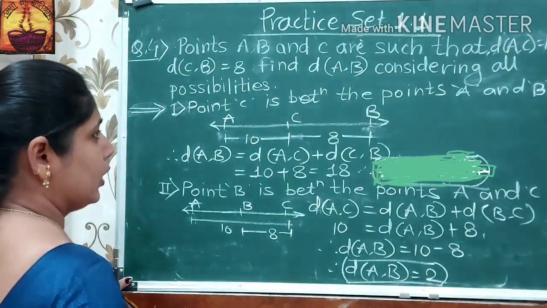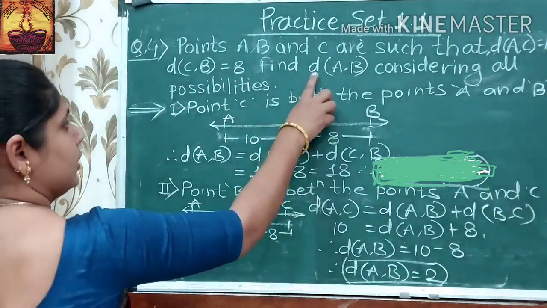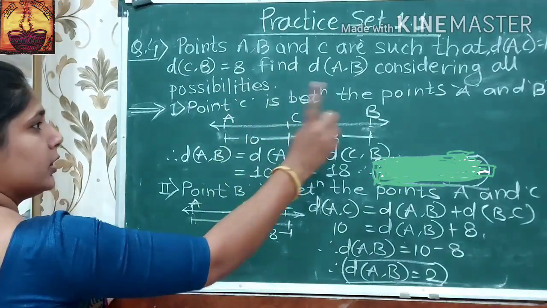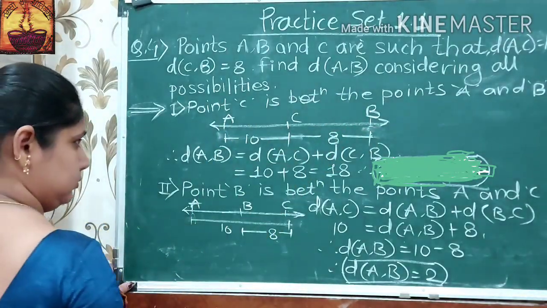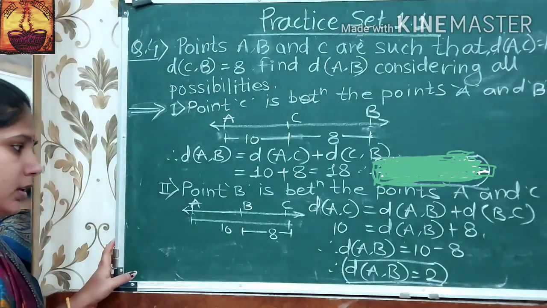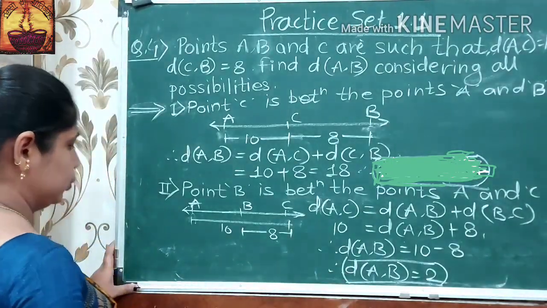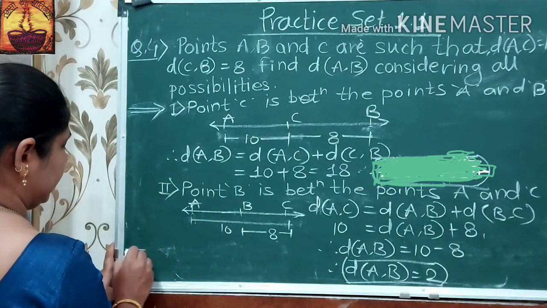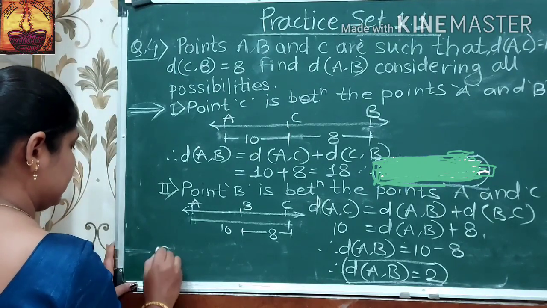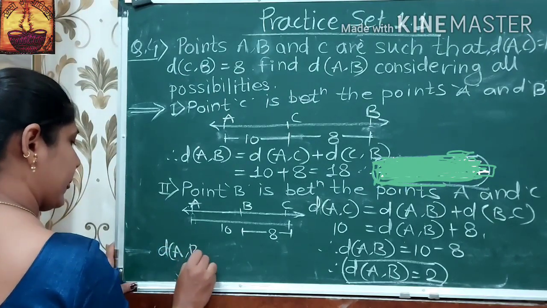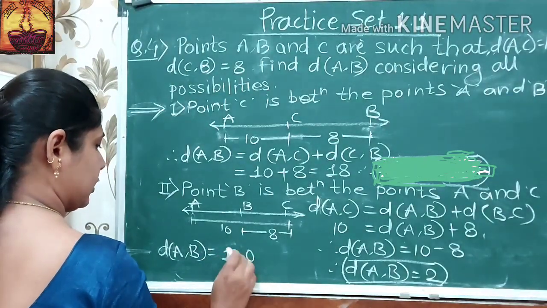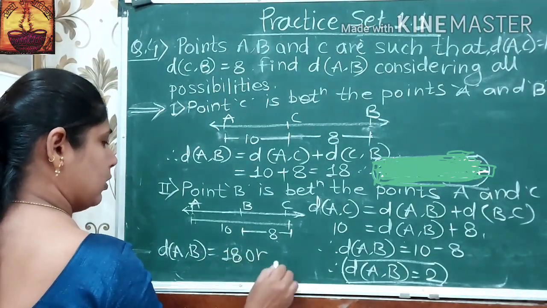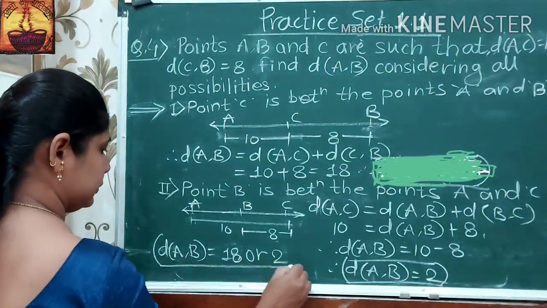Therefore, we get two answers for distance AB. If point C is between A and B, then the distance AB is 18, and if point C is between A and B the other way, distance AB is 2. Therefore, the answer is distance AB is equal to either 18 or 2.